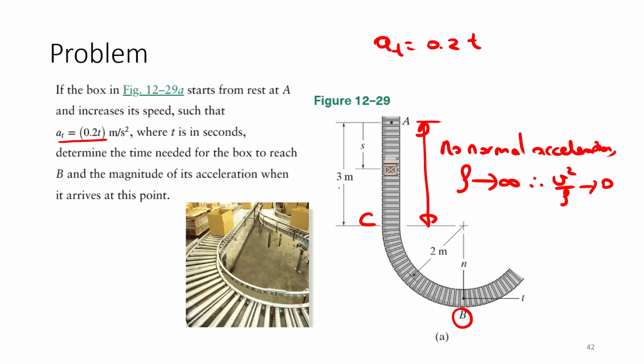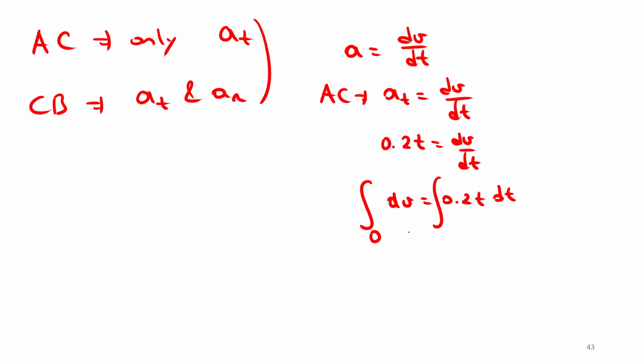And the initial velocity is rest, therefore it is 0 when the time is 0. And then when the time is t, the velocity is v. From here it comes out that velocity is 0.2 t squared by 2, which is 0.1 t squared.